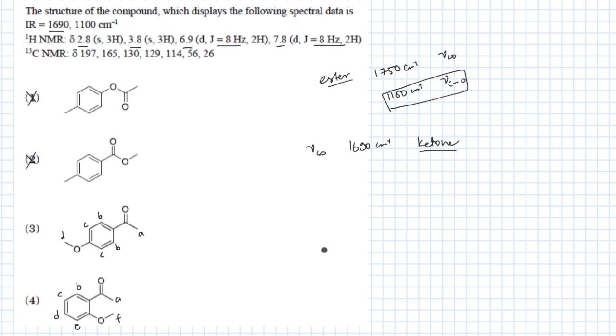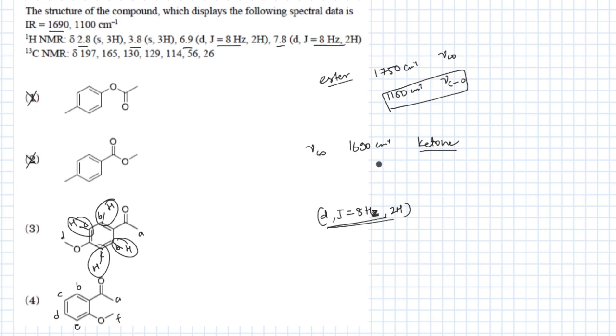So remember always that whenever you have a doublet with J equal to 8 hertz coupling, and it is given for 2 hydrogens, it means that coupling is happening between two adjacent carbons, and both of them contain two hydrogens. So they are talking about this hydrogen and this hydrogen, and this hydrogen and this hydrogen, the coupling of these carbons with these particular carbons. So that's what is mentioned.